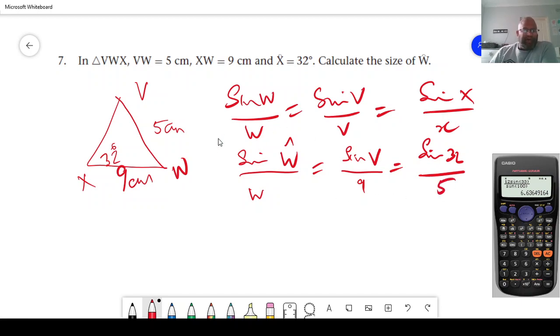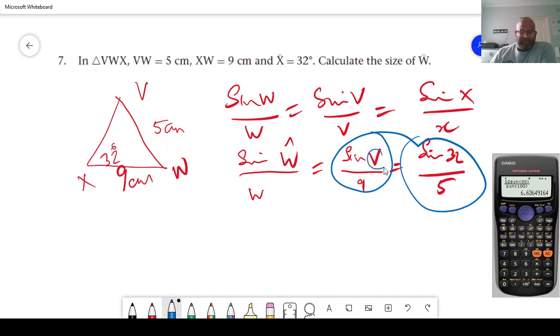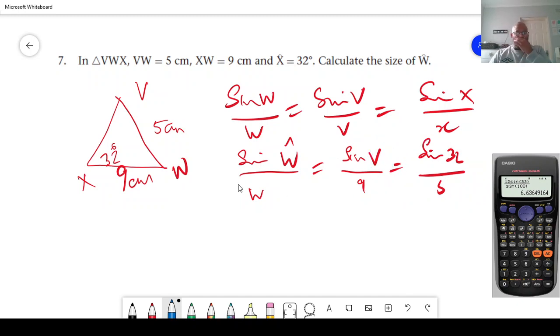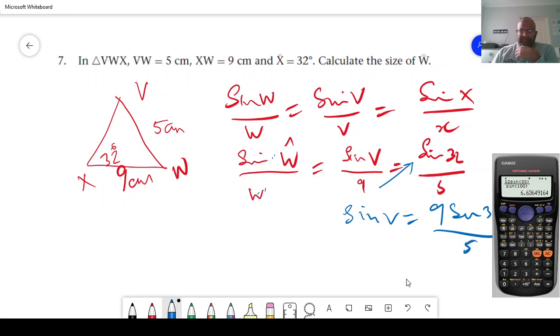So looking at what we have here, that's a known ratio, so we're definitely going to use that, and this ratio is short of one variable, which is V. We can't go straight into W because we don't have this length here, otherwise there's two unknowns. So we're going with this information. Shall we cross multiply, or we can just take 9 up? So sine of angle V is 9 sine of 32 degrees over 5.